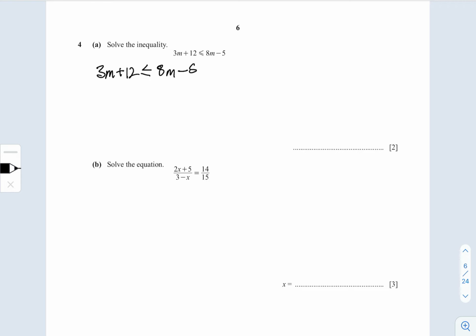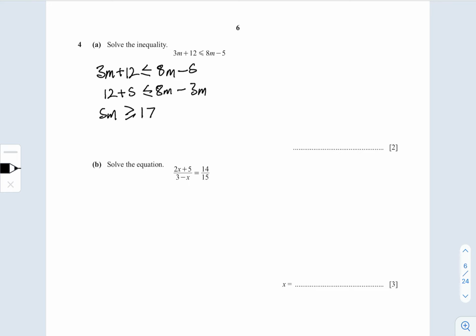That will give you 12 plus 5, which is less than or equal to 8m minus 3m. And let's flip it around to make it easier.